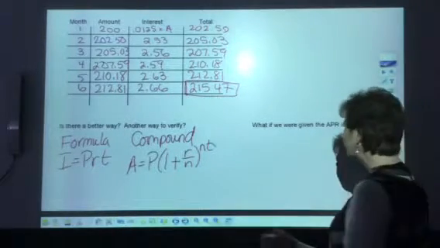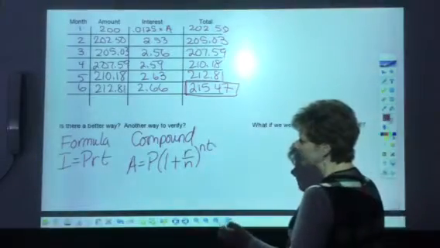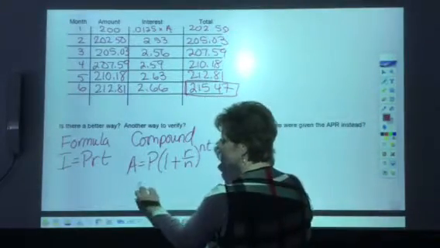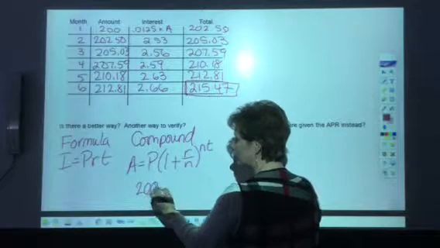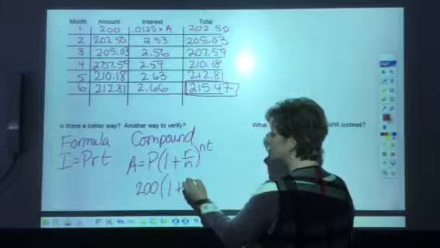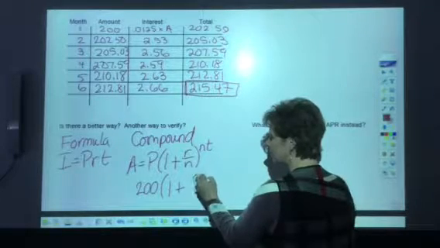So, if we do that, we would get 200, that was what was sitting on the charge card. Our rate is still 0.0125.